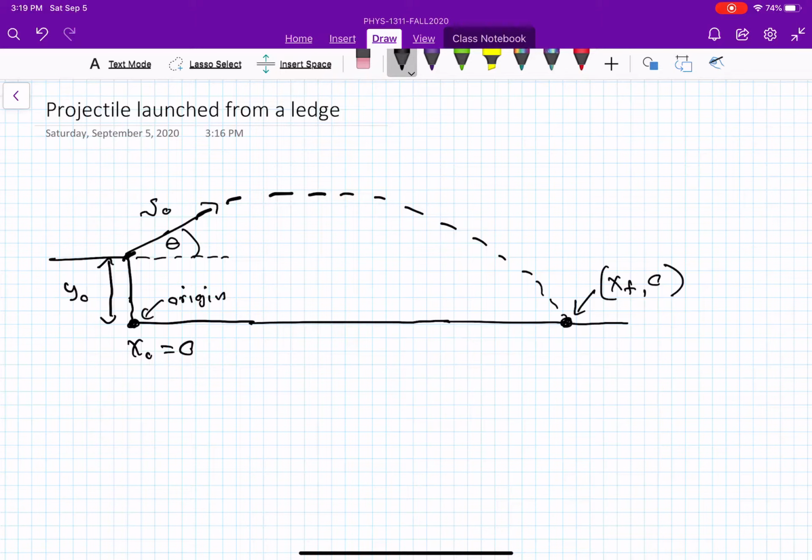So what do we want? What we want to calculate is the range, delta x. Delta x is defined as xf minus x0, and x0 is 0 here, so in this case, delta x is just equal to xf. Okay, so that's this distance.